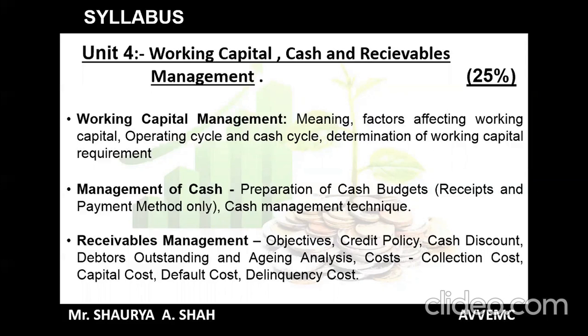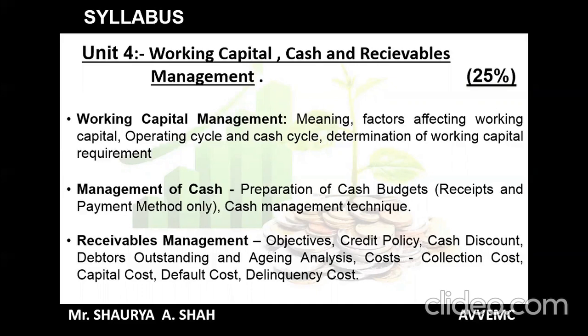The second part of that chapter is management of cash, the most important thing in any business. Even in your day-to-day life, you are managing cash. You are getting certain money to spend or to invest, and in business you are getting constant cash inflow and doing constant payment, that is cash outflow. So how to manage that cash?